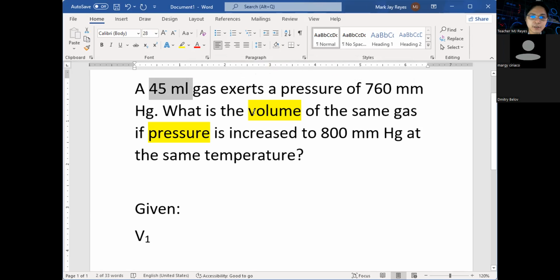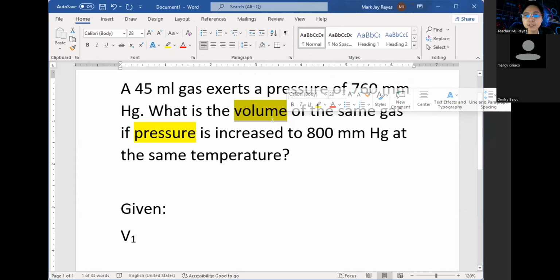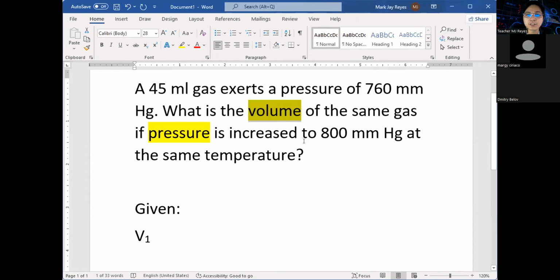And the question here, the V2, what is the volume of the same gas if pressure is increased to 800 millimeter of mercury? What will happen to the 45 ml? That's the question. So the 45 ml there represents V1. Okay, correct?